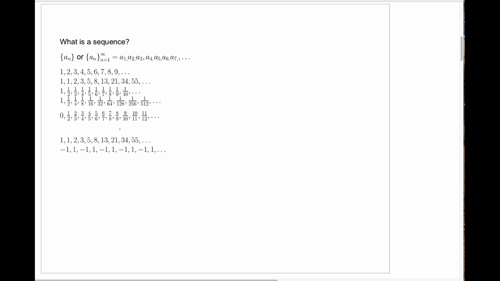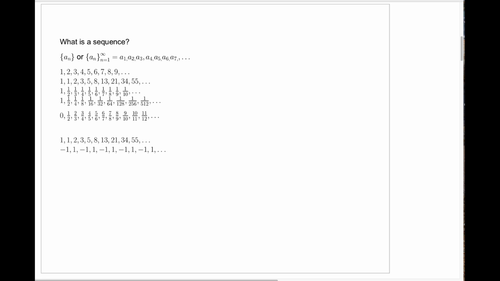When we talk about a sequence, we would like to have some idea what the terms are for the sequence and some notation to talk about them. So when we talk about a sequence, we'll call a sequence the sequence a sub n in curly brackets like this, or sometimes we'll write the sequence a sub n, n equals 1 to infinity, indicating we're starting with the term a1.